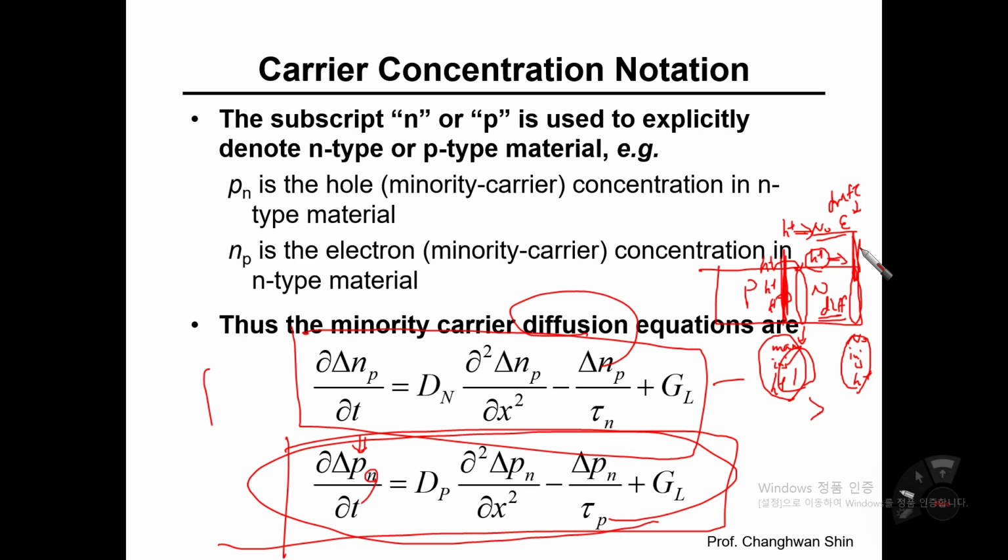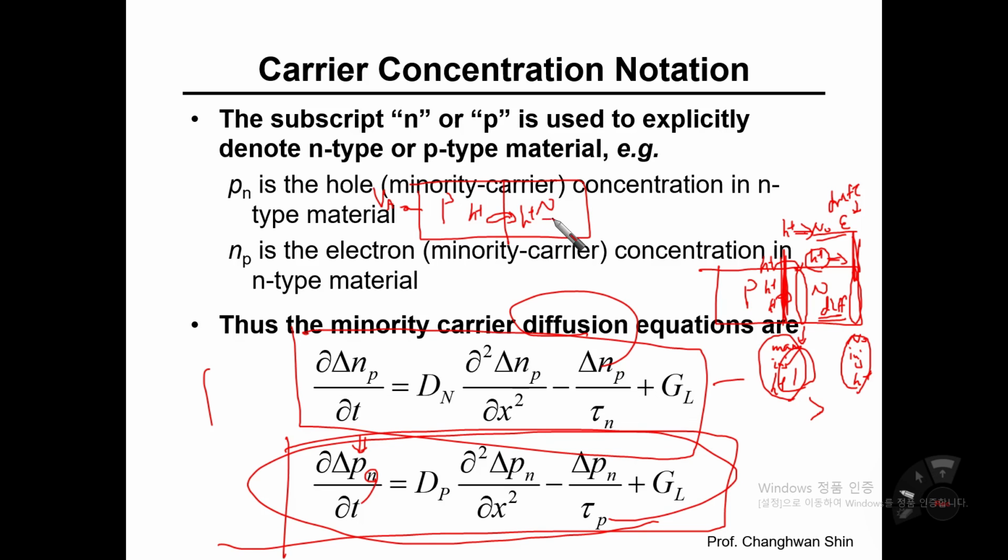So now, whenever we are talking about the holes moving in the N side of the PN junction diode, yes, holes are diffusing. Now let me summarize it. For a given PN junction, holes have been injected toward the N side because of the positive voltage applied onto the P side.